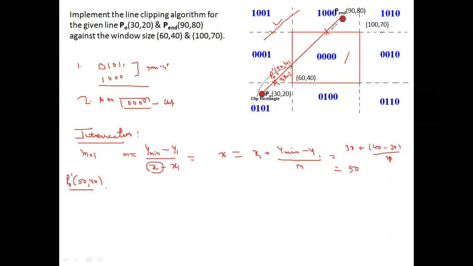This means one end should not monopolize the line clipping algorithm. That is why, once one of the edges is done, we go with the cyclic order. We will see whether any clipping has to be done across this edge or across this edge, then we will come back to the endpoint once again. So now we have calculated it. Now if I draw it, I'll get this structure somewhere.